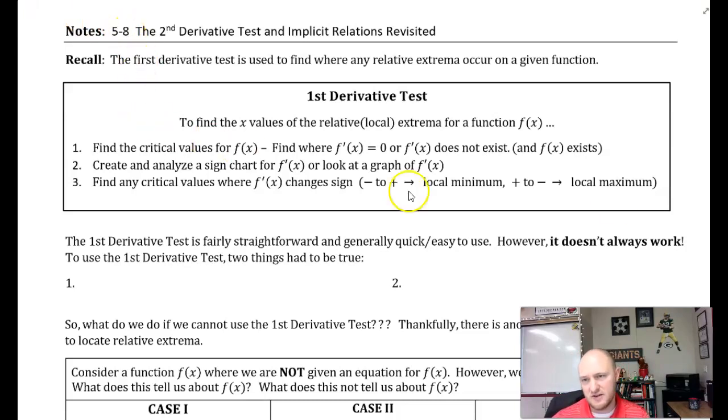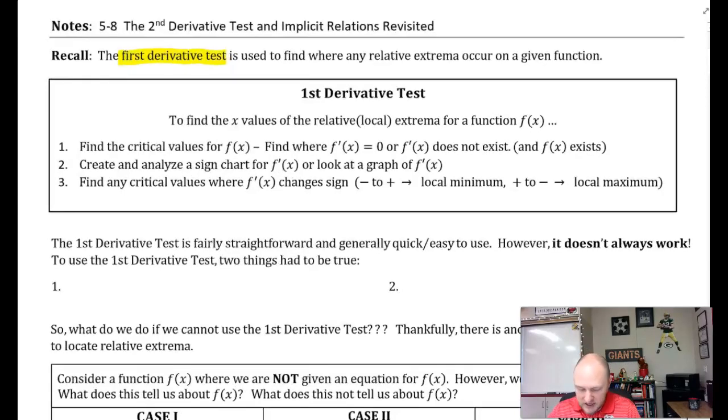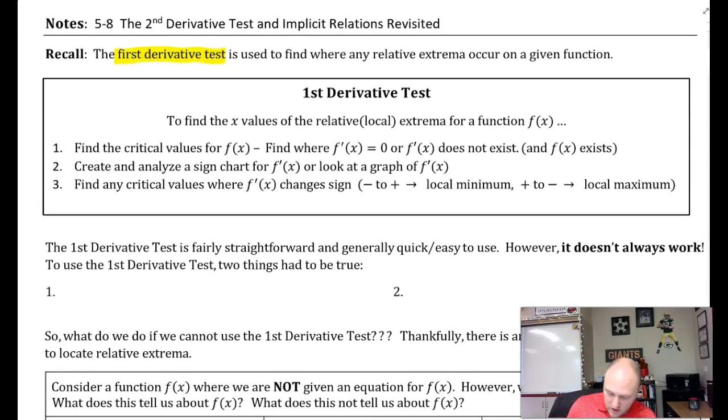Alright, so let's figure out how we can use the second derivative test to help us determine relative extrema. Up until now, we have used the first derivative test to find relative extrema on a given function. How we have done that is, step one, we find the critical values for f of x. Remember, that's where f prime is equal to 0 or f prime does not exist.